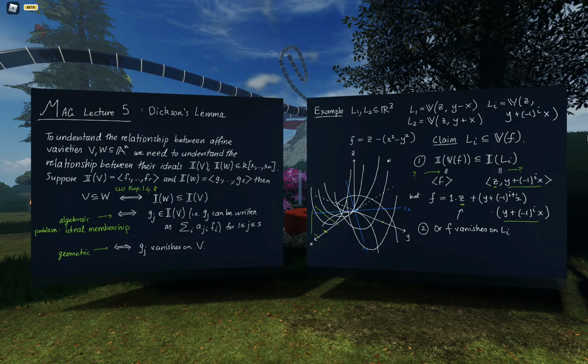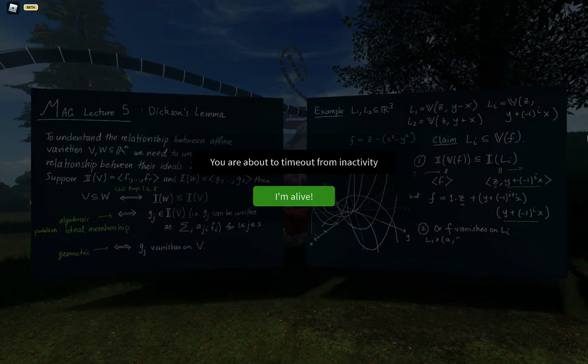If you have a point x, y, z that makes both of those functions 0, then by that expression f also has to be 0. But you could also just check that directly. If you have a point on either of those lines, well, if it's on L1, say, a point on L1 looks like A, C.